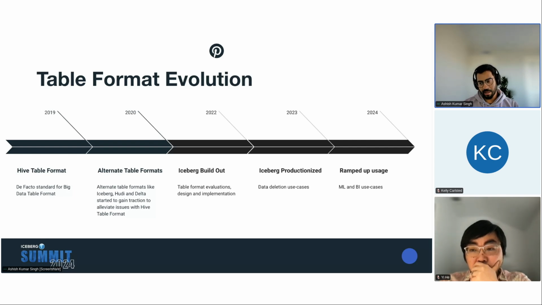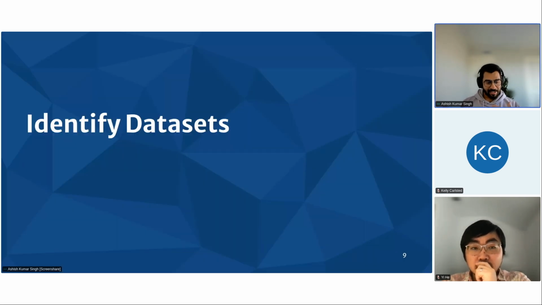And then we continued to ramp up the usage of Iceberg. Two use cases that are becoming very popular with Iceberg at Pinterest are machine learning data sets and BI use cases. So with that, let's go back to the problem that we were talking about, analytical productivity.